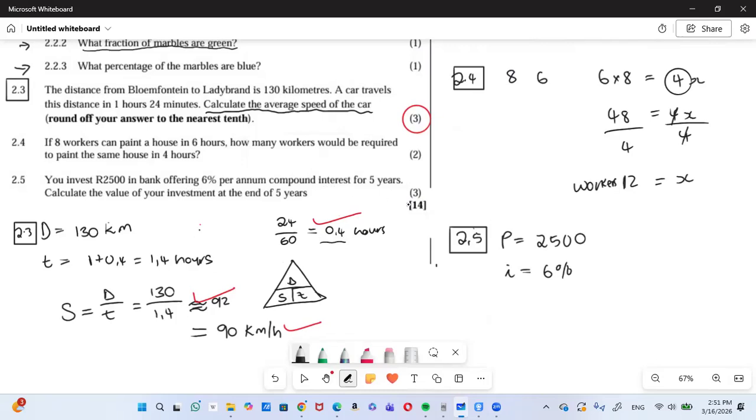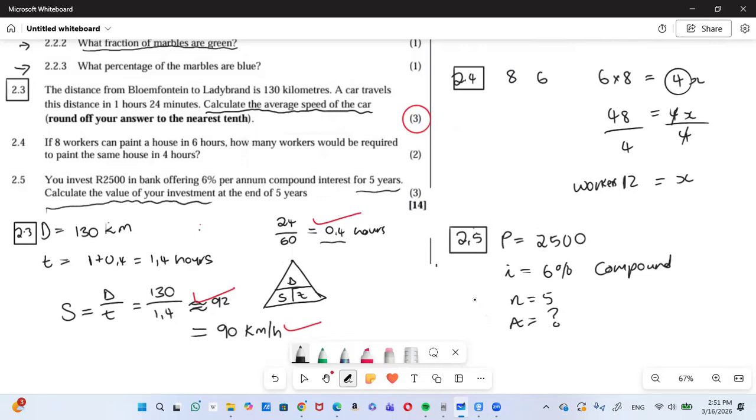And then it is compounded. It's not simple interest, it is compound interest. So guys, it's very important for you to write all this information down. And how many years? It's compounded for 5 years. So what do they want from you? They want you to calculate the value of the investment after 5 years, meaning they want you to calculate A.